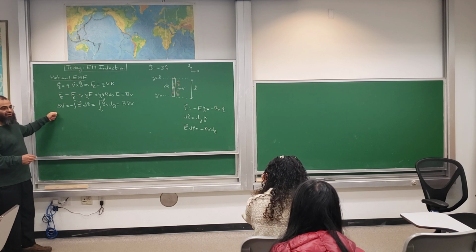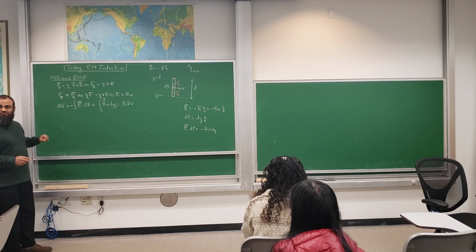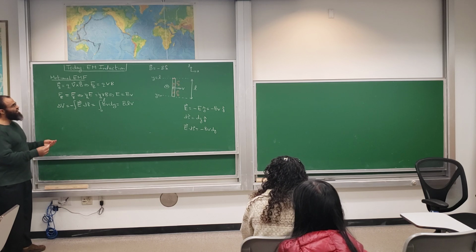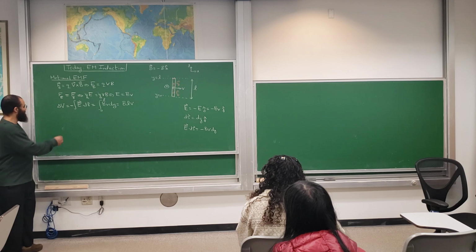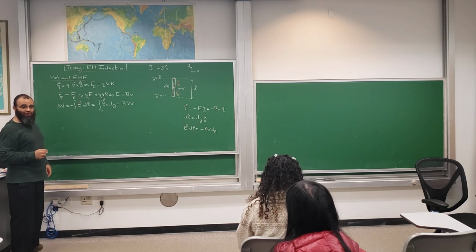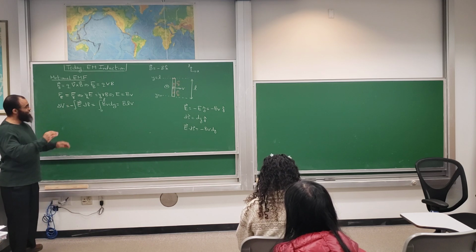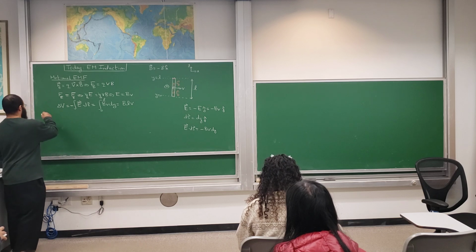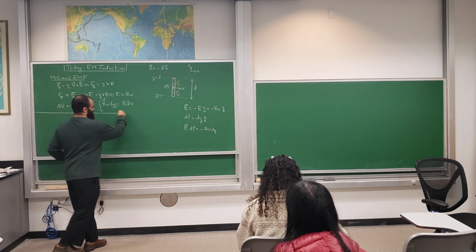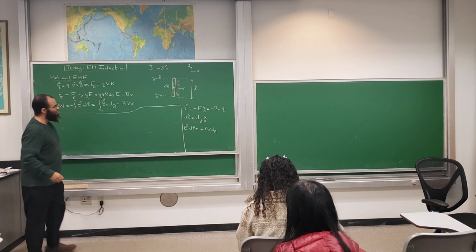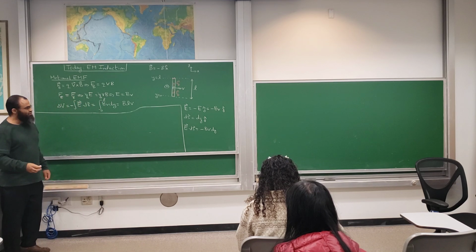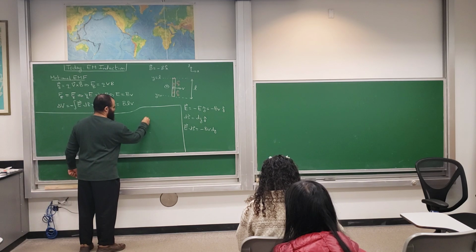Okay? So let's do exactly that. I'm motivating Faraday's law. So far, we didn't need a new law. We're explaining everything using what we know. So the next thing is, here's this rod.